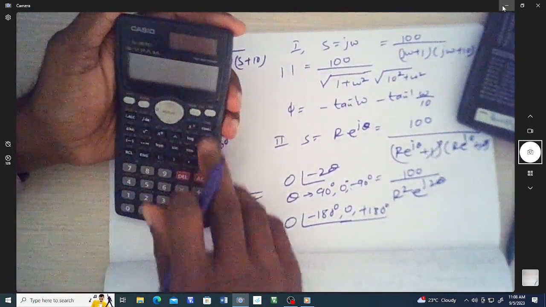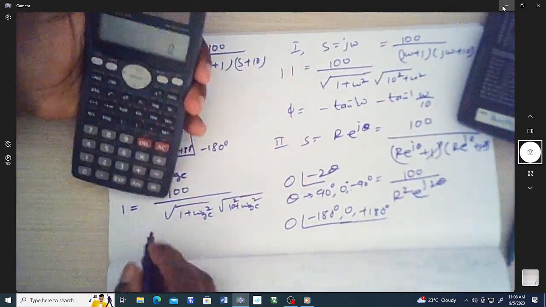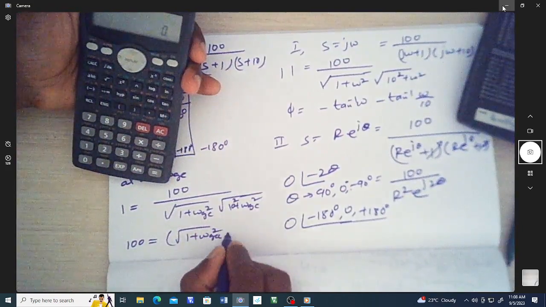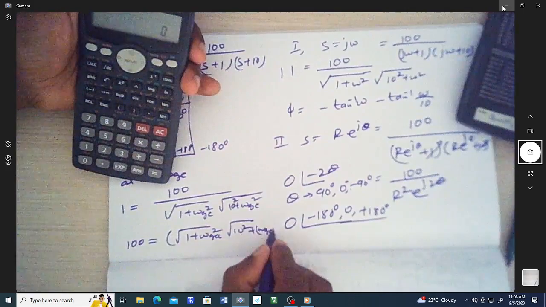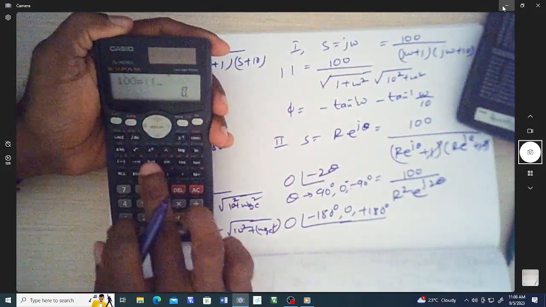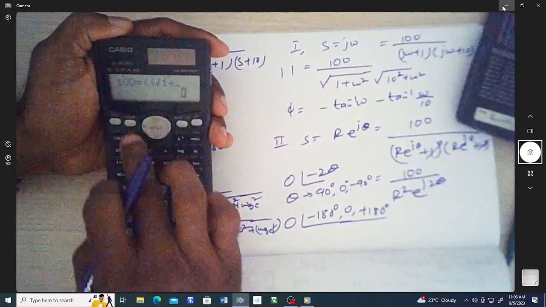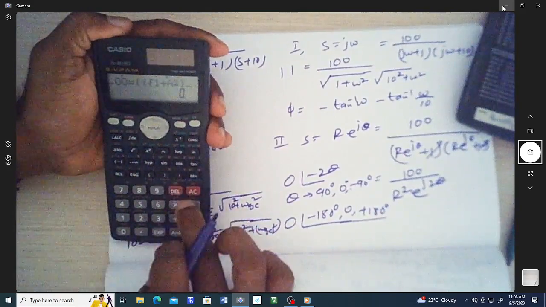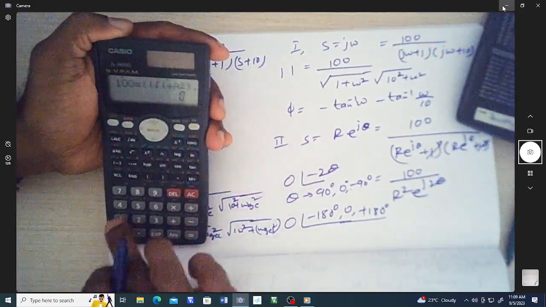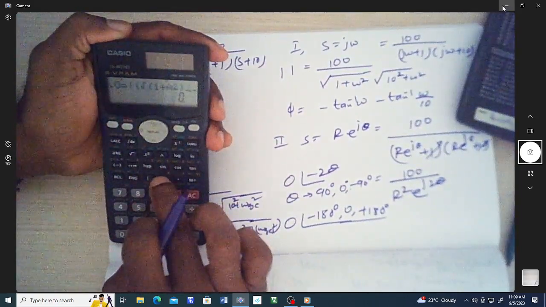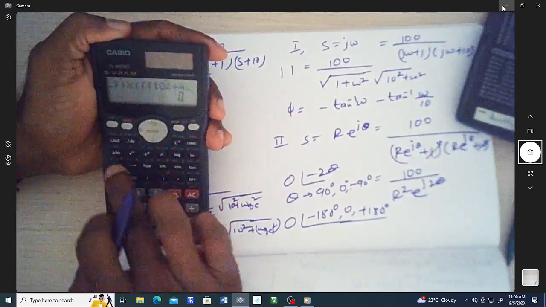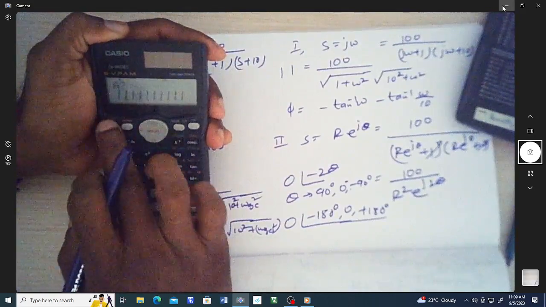Now I will use the calculator. Instead of making this equal to 1, I can write 100 equals, open the parenthesis, square root of 1 plus omega gc square, close the parenthesis, multiplied by, open the parenthesis, square root of 10 square plus omega gc square, close, shift calc.